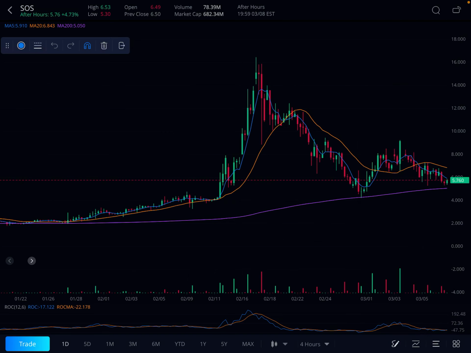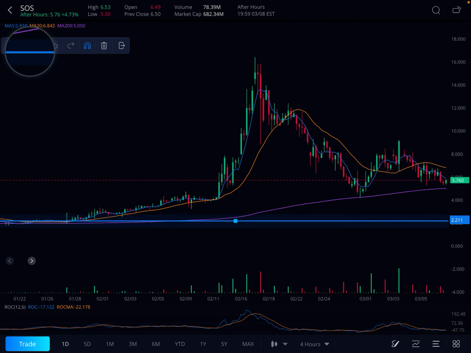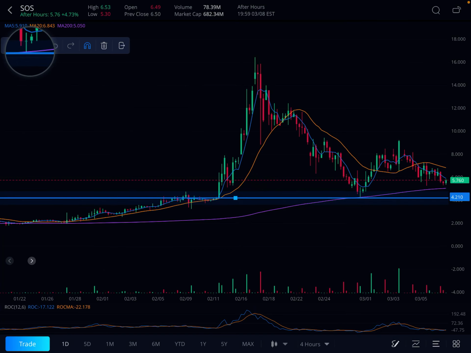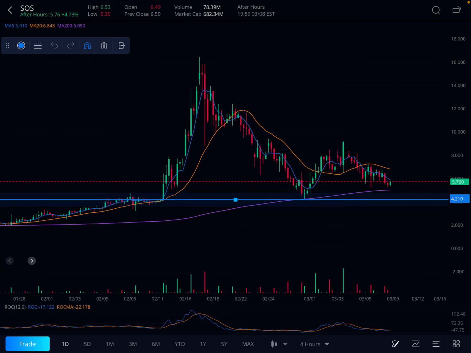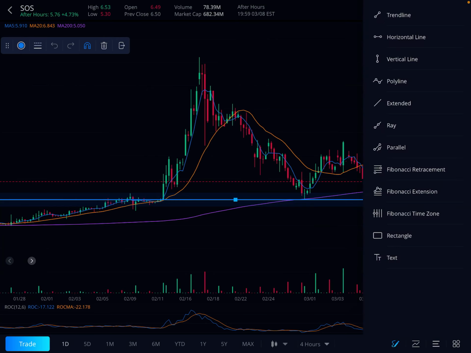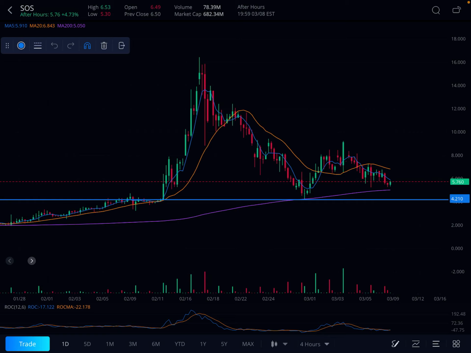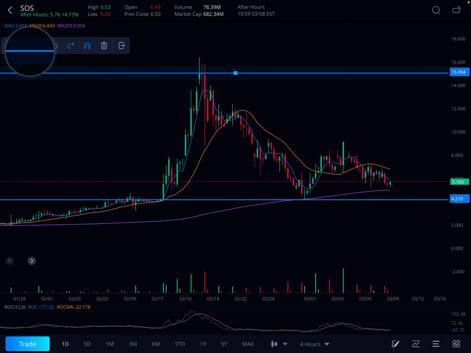Now, when drawing these lines, I want to keep it really basic for you guys, or for those just getting into drawing up your own charts and getting into trading. So right there, the first line is the support line, and that top line is the resistance.